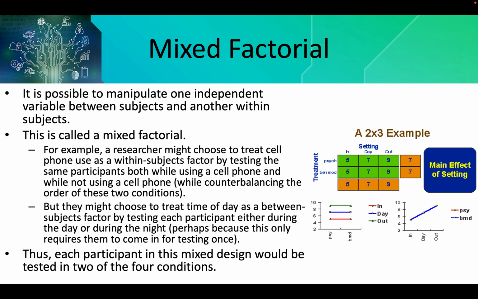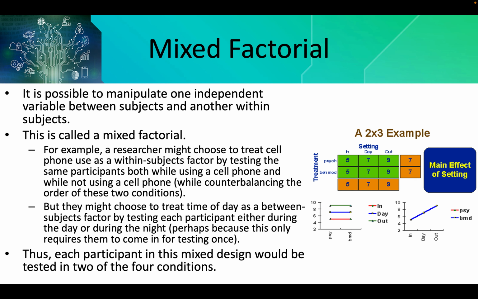It is possible to manipulate one independent variable between subjects and another within subjects. This is called a mixed factorial. For example, a researcher might choose to treat cell phone use as a within subjects factor by testing the same participants both while using a cell phone and while not using a cell phone, while counterbalancing the order of these 2 conditions.